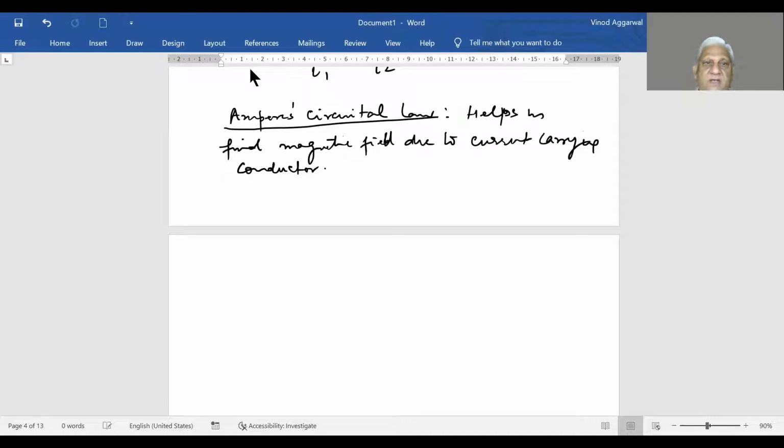First, we will see this law, and then we'll see why we need this. What are the limitations of Ampere's circuital law compared to the Biot-Savart law?